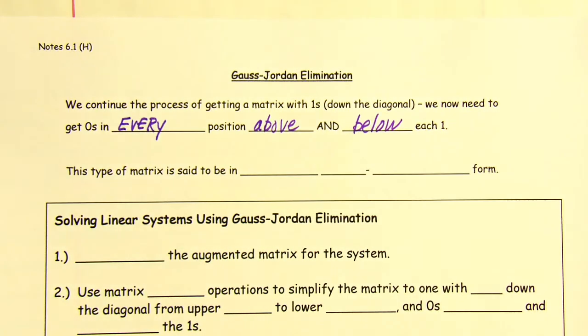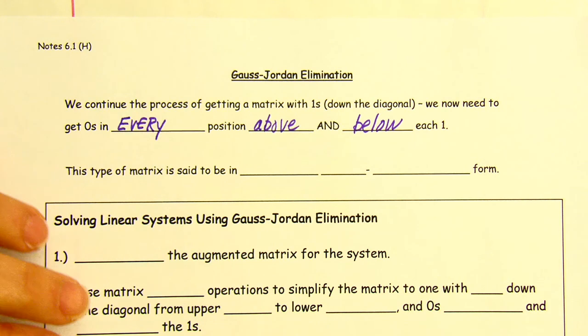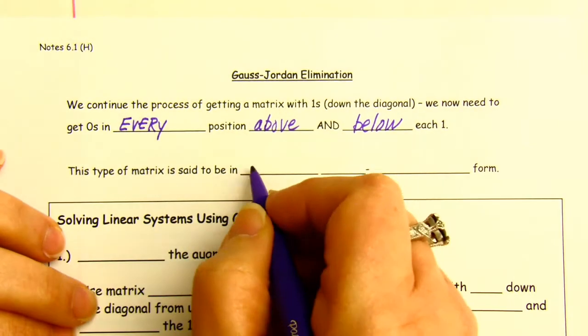So the Gauss elimination was getting the zeros below the ones, and Gauss-Jordan, we're now going to do the same thing. Use row operations to get the zeros above the ones. This type of matrix is said to be in reduced row echelon form.